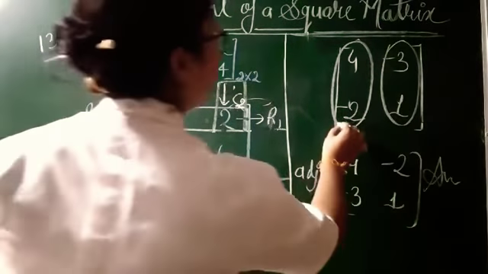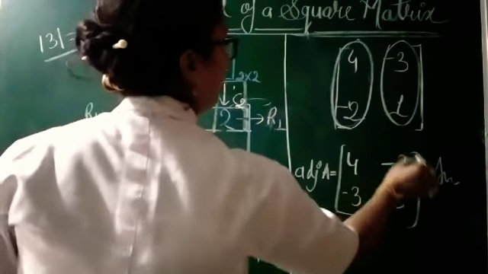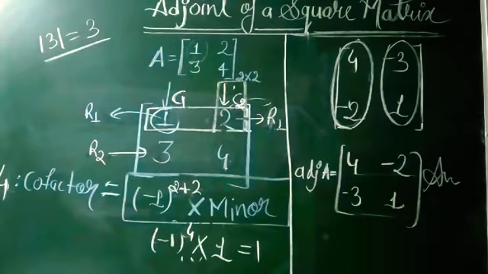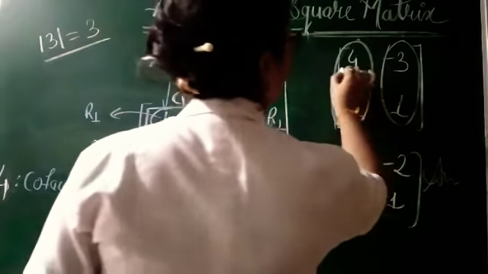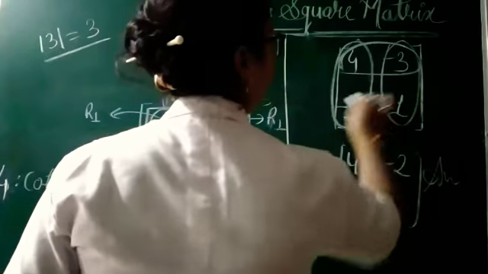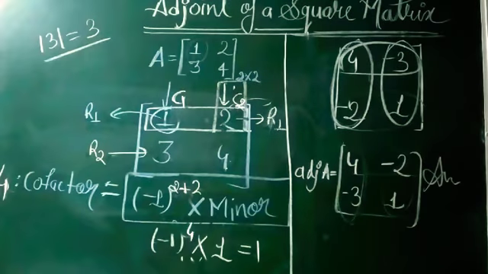Here you see this column become row and this column become row. And you see this row interchange with column and this row become column. So it is our answer. Like that we find adjoint of a square matrix.